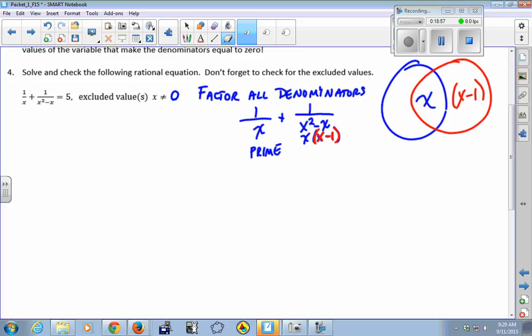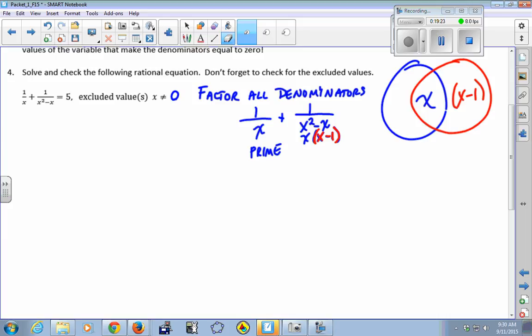So now to find your smallest multiple, I agree. You could multiply x times x minus 1 and get a multiple. But you want the smallest because you don't want all this funky cubes and fourths. If you don't get the smallest multiple, you can wind up with a really big equation with lots of higher power variables than you need, exponents.